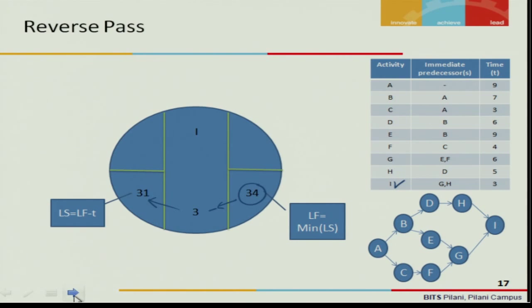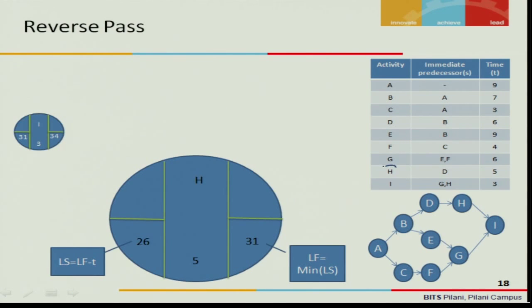Let us move to H. Okay, for H, what is this value? This late finish will be the minimum of the late start of its successors. What is the successor of H? The successor of H is I. So what is the late start of I?